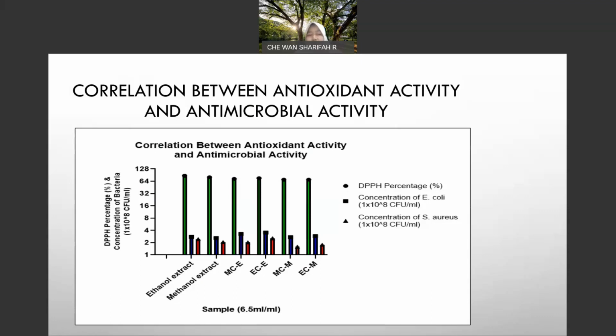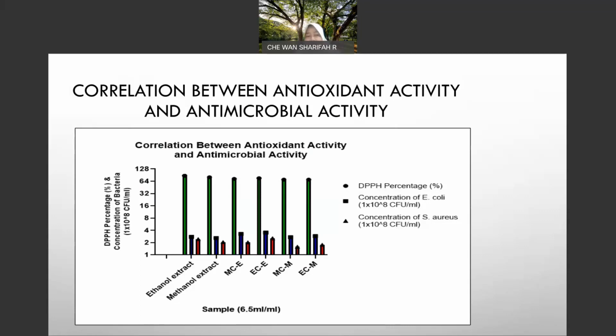Okay, for MCE, basically the activity will be decreasing. This result will show us when the number is increased. For example, ECE for E. coli slightly increased compared to ECE for Staphylococcus aureus.